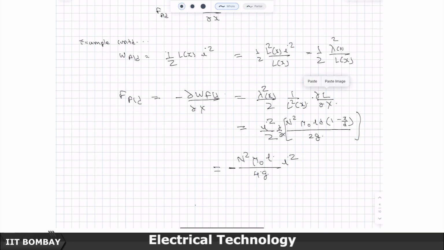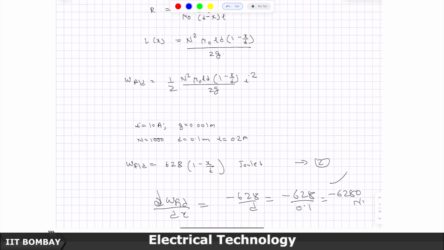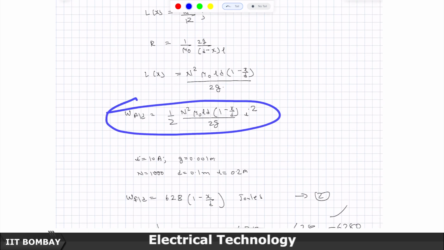So, remember, while I am here, just remember this one, f_fld, when earlier we had derived it as minus of n square mu 0 l by 4g I square, the unit being newtons. And now because it is a linear system, both are one and the same.